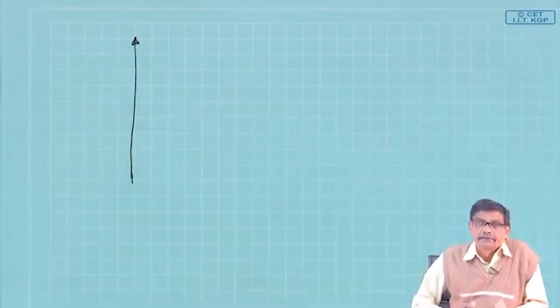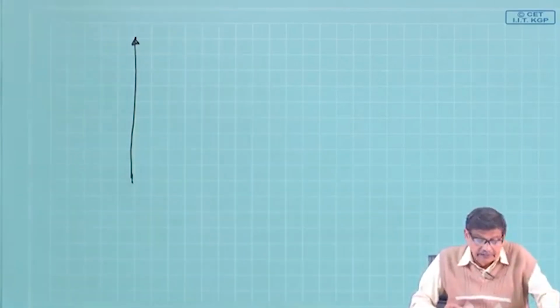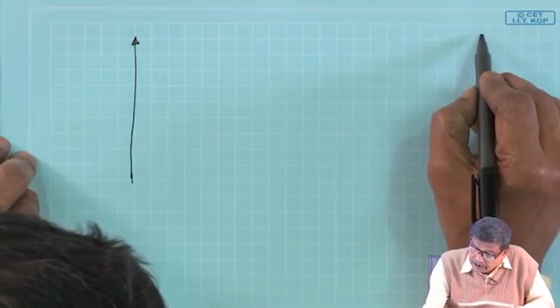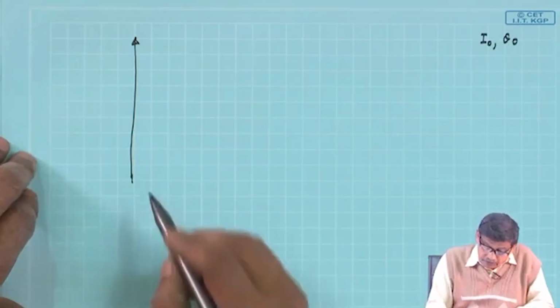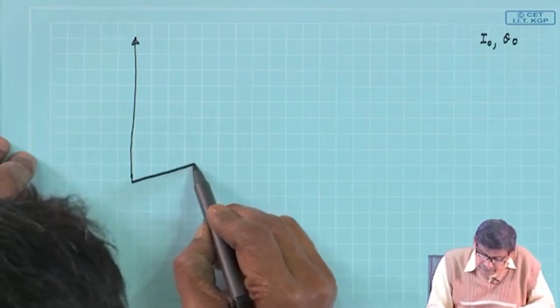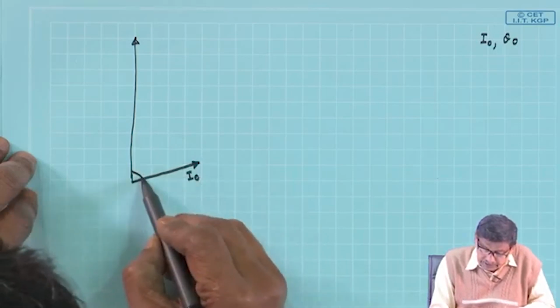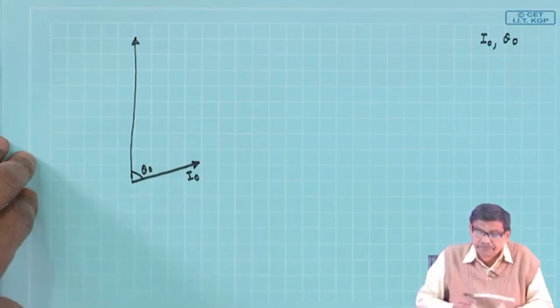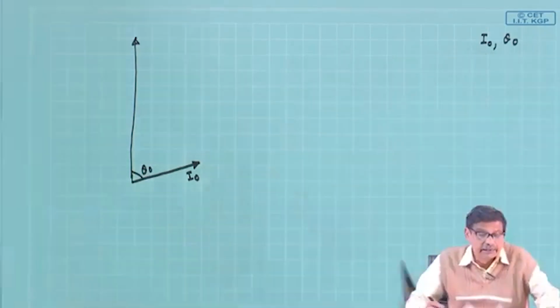Choose a current scale, that so much centimeter represents so much ampere. Then from the no load test I know I naught and theta naught. So, I will sketch this I naught here to the scale, after choosing a length here.